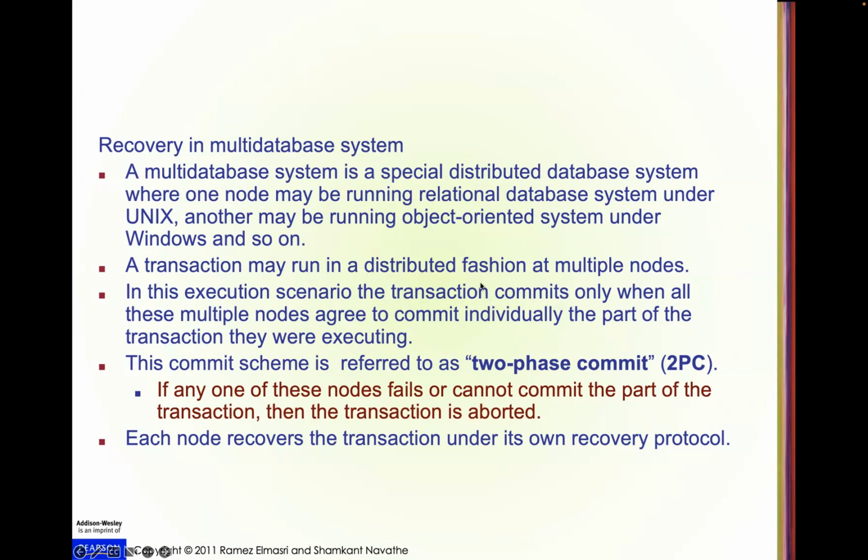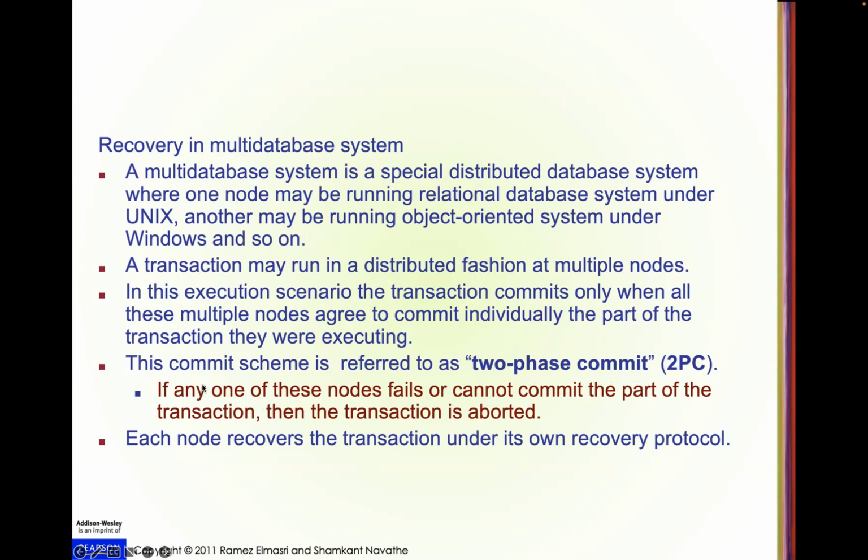Then only will the complete transaction commit. Each node commits individually the part of the transaction it is executing, and after all of them agree to save their parts, the overall transaction is committed. This commit scheme is referred to as two-phase because one phase is the individual commit and one phase is the complete commit. That is why it is called two-phase commit, 2PC.